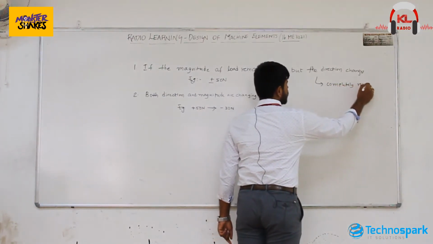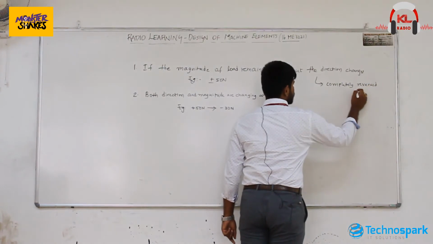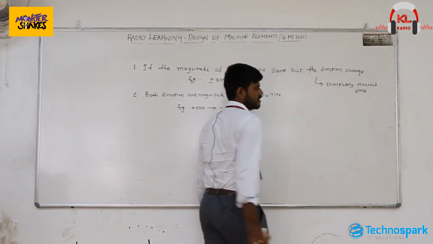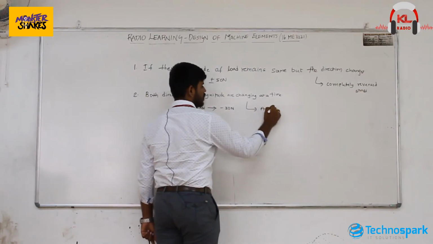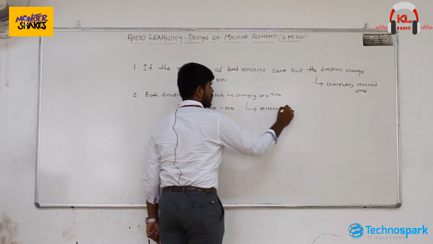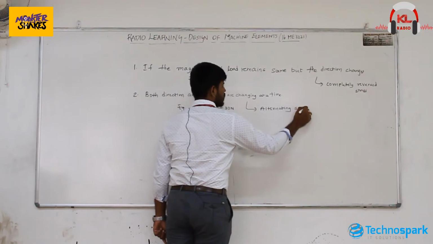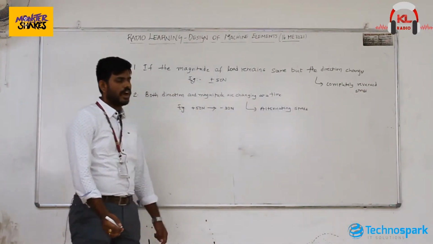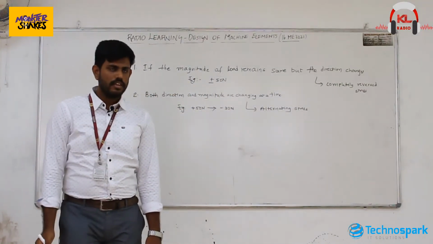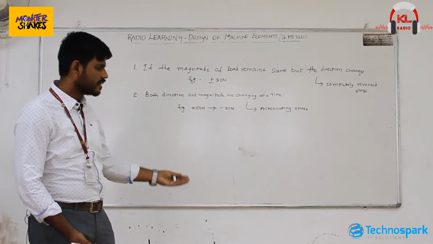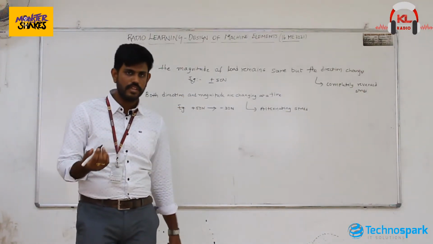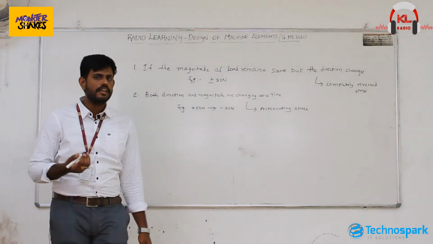The first type of load we call completely reversed stress, and this second type of load we call alternating stress. We have to keep in mind that we will have two types of stresses, completely reversed stress and alternating stress, depending upon the nature of the load in fatigue loading.